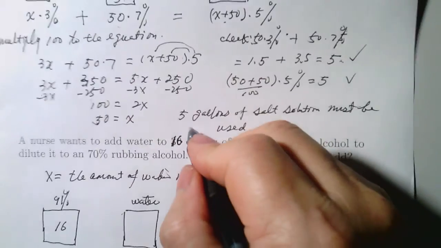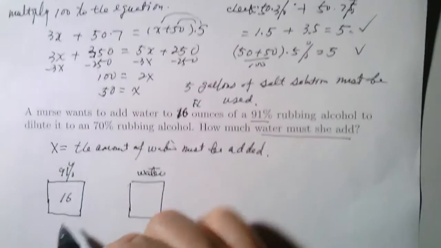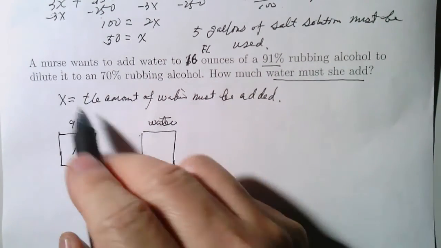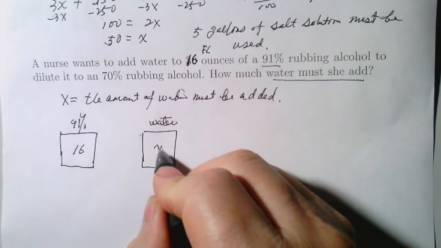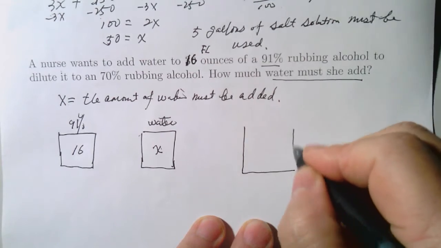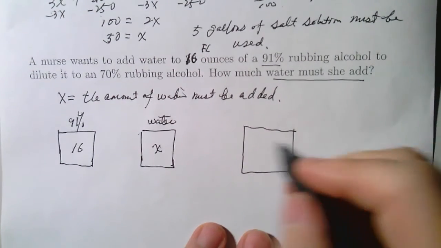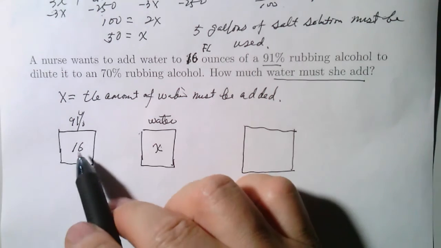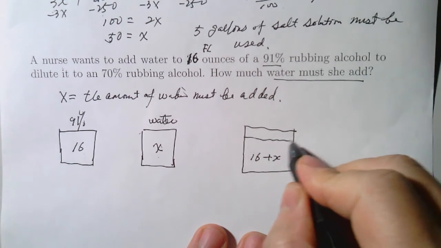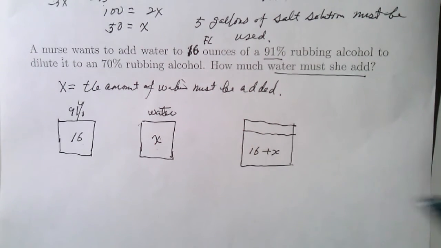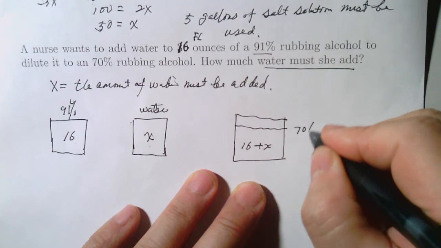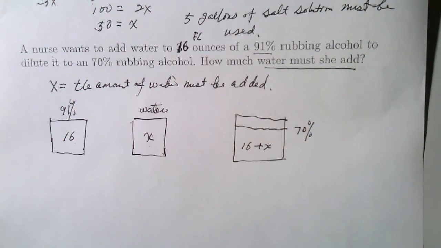That's fluid ounces, which is volume. For the water, we don't know the amount, so we say it's x. After you add them together, the total volume is going to be 16 plus x, the volume of the mixture, which now becomes 70% rubbing alcohol.